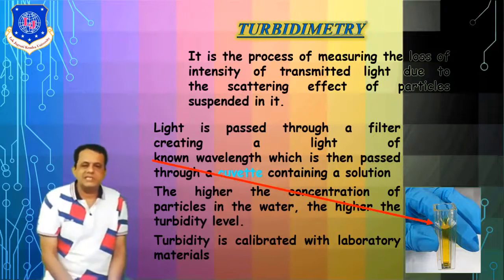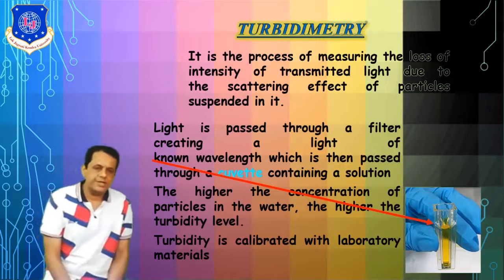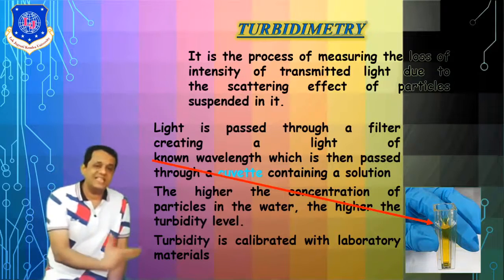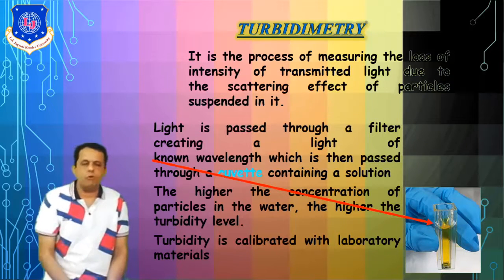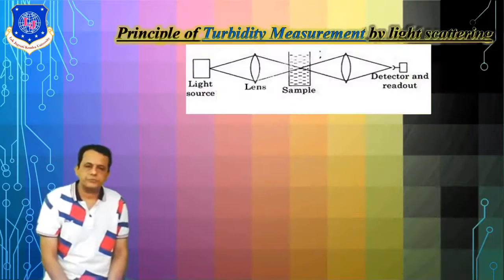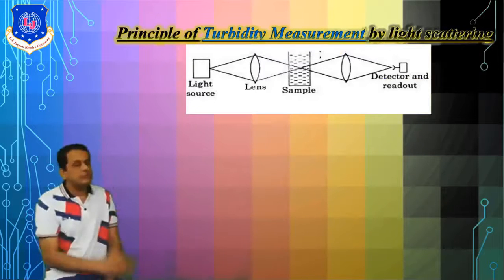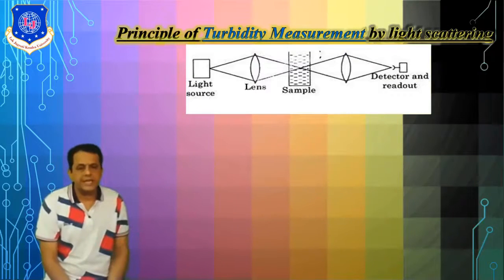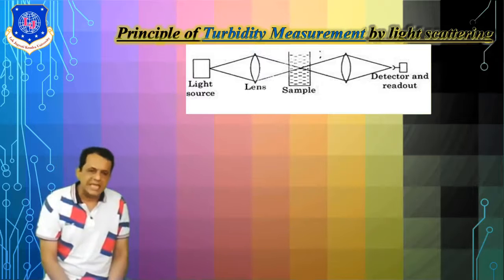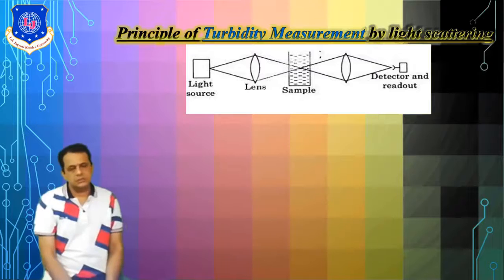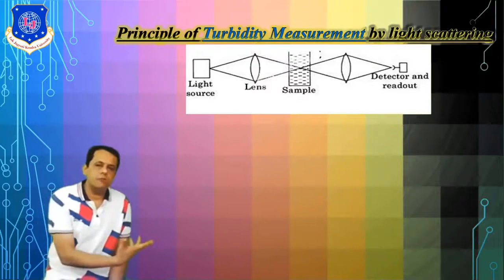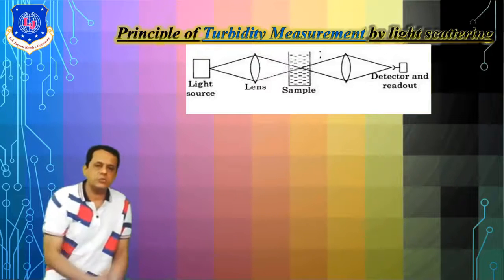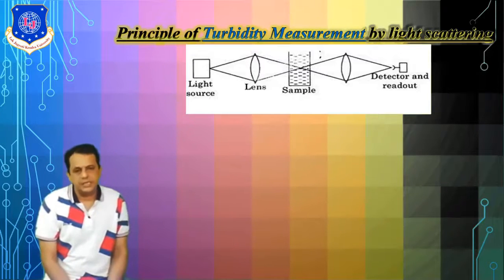Turbidity is also calibrated with laboratory material to create a reference for the water under testing. Here you see the basic block diagram. A light source is there, a lens is there, and through the lens the light beam is focused on the sample, and whatever light is passing through will be detected and read.